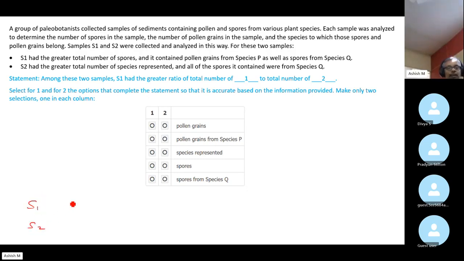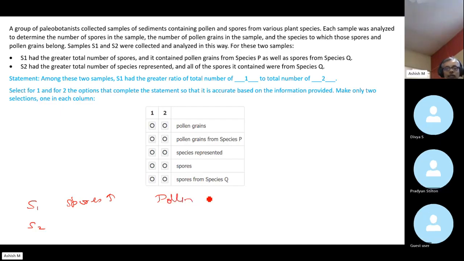So S1 had a greater number of spores, and it contained pollen grains from species P and spores from species Q. S2 had a greater number of species present.